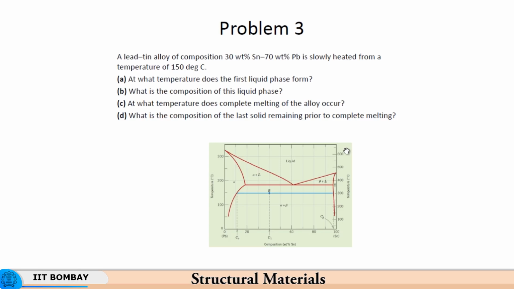tin present in it. So of the 40% here, 18 or whatever percent of tin will be present in the solid that just about melts, and then the rest of it will have an increasing proportion of tin.